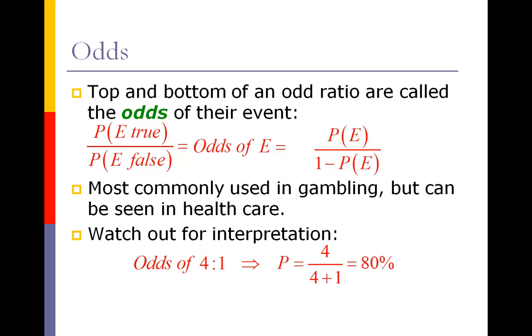So the probability that the event will happen is going to be 4, which is how many chances we have that it will happen, divided by 5, which is the total. Okay. And so that gives us 80%, not 75% or even 25%, as you might have thought. So this is one problem.